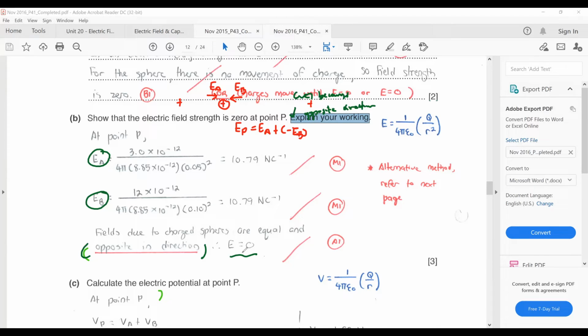So they add up to 0. Okay. If you wanted to do it like this, just straight away add up to show it's 0, you can also.